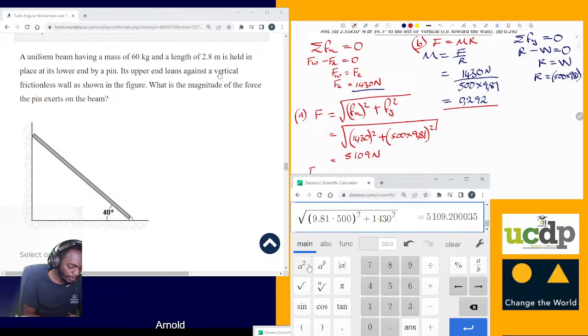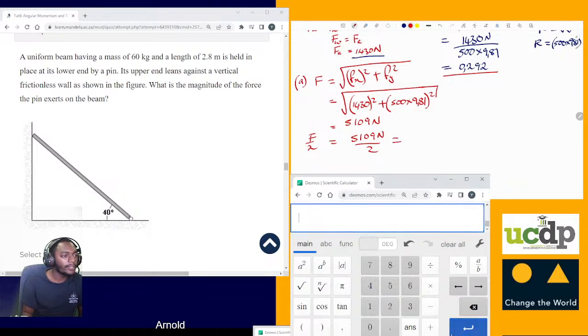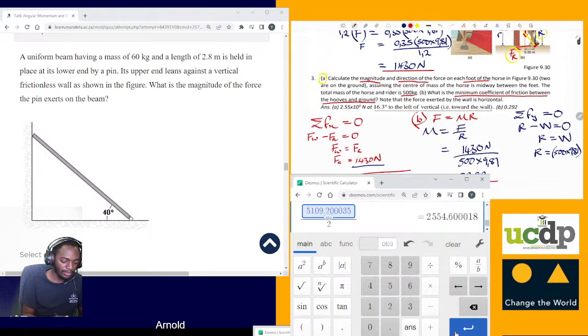So there will be F over 2, so we divide that by 2: 5,109 newtons over 2. You get 2,554 newtons, which is what we are expected to get there.